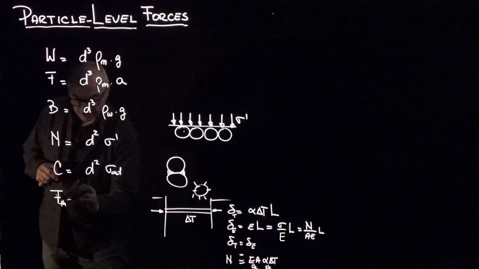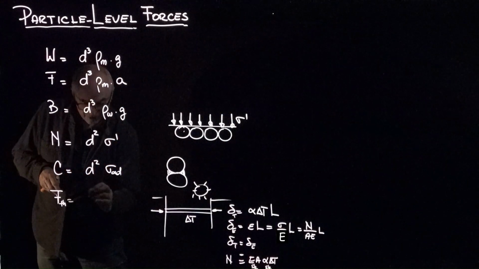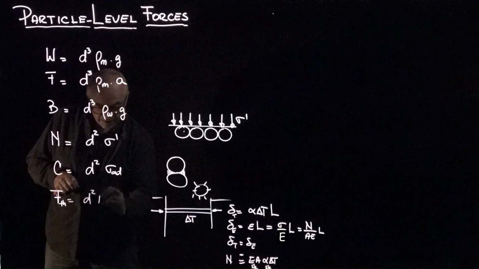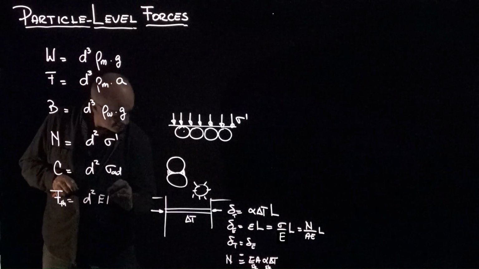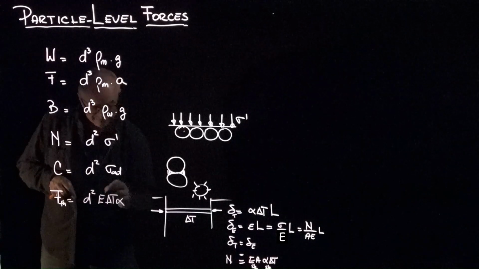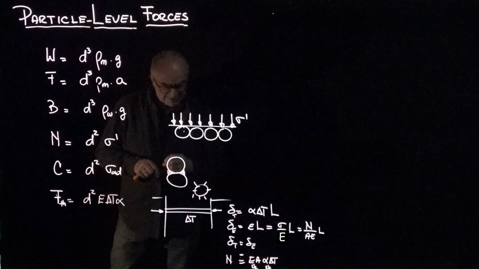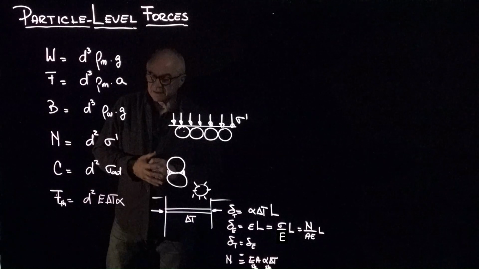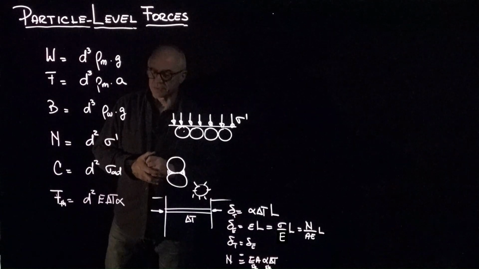And so this is going to be of the order of d square E alpha delta T. Once again, this is another d square relationship.